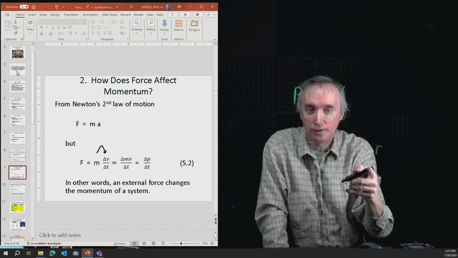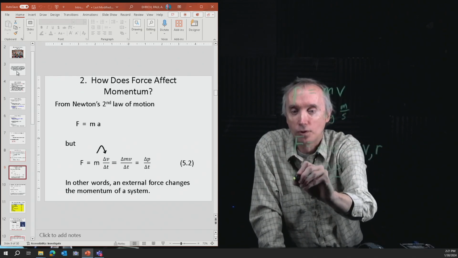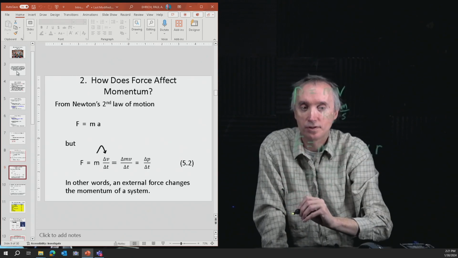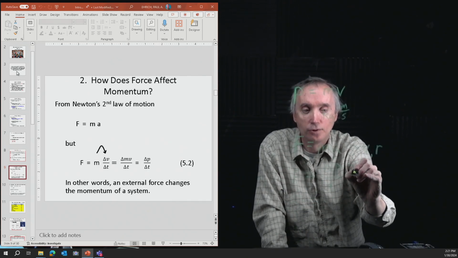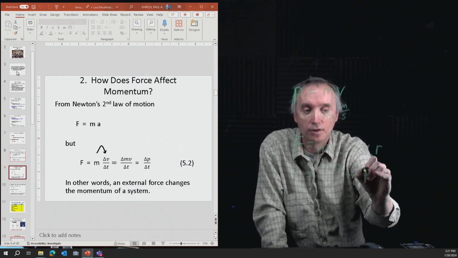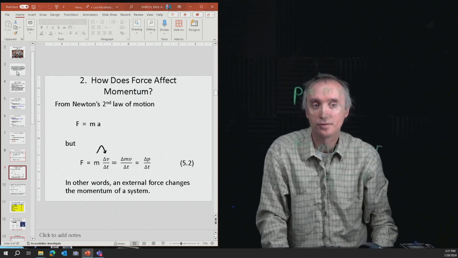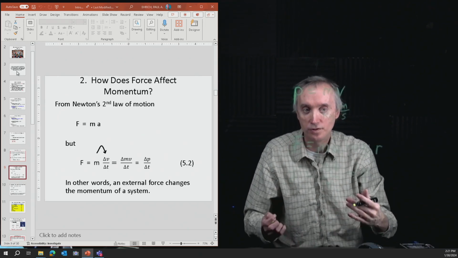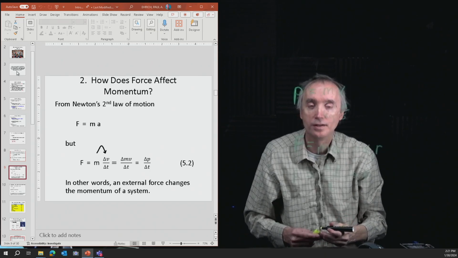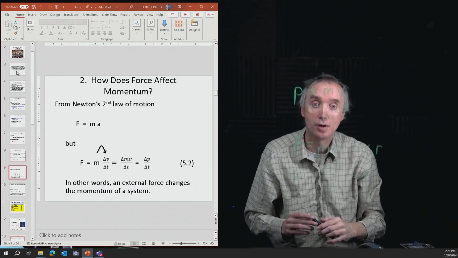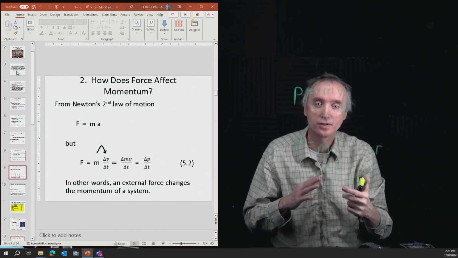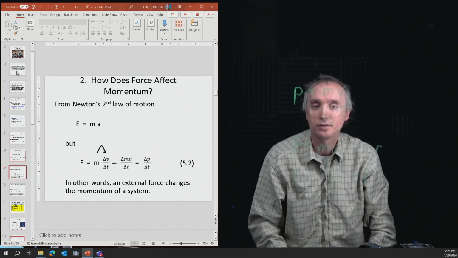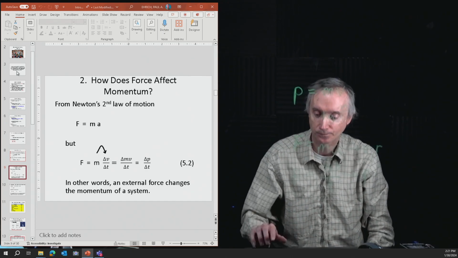So this time, if you know the force acting on a system, you're going to be able to predict the momentum of the system. And then once you've got the momentum of the system, again you can predict its motion. So this is just a different way of predicting the motion of a system.